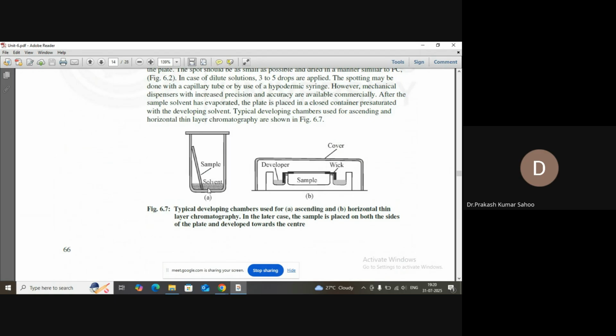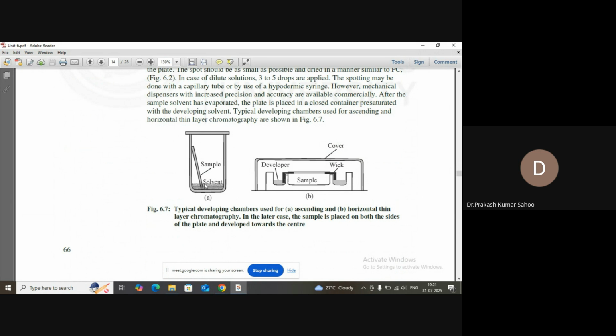On this chromatography plate, your sample is applied and dried, and after that the plate is dipped inside the solvent. Then this is ascending, because this is bottom to top.